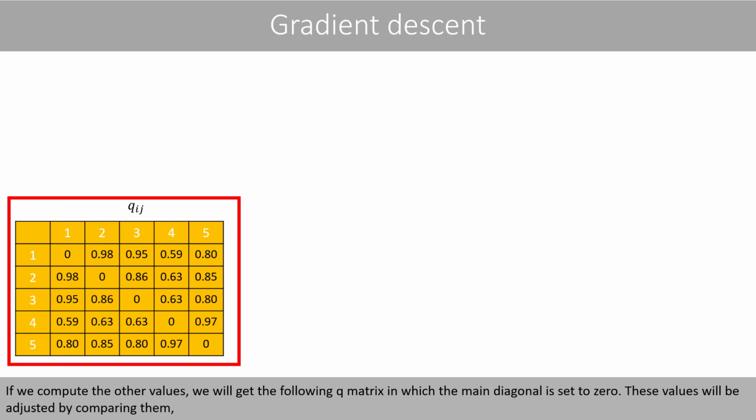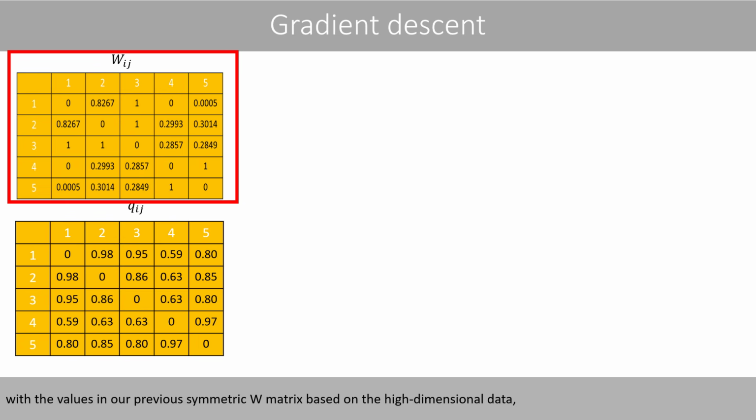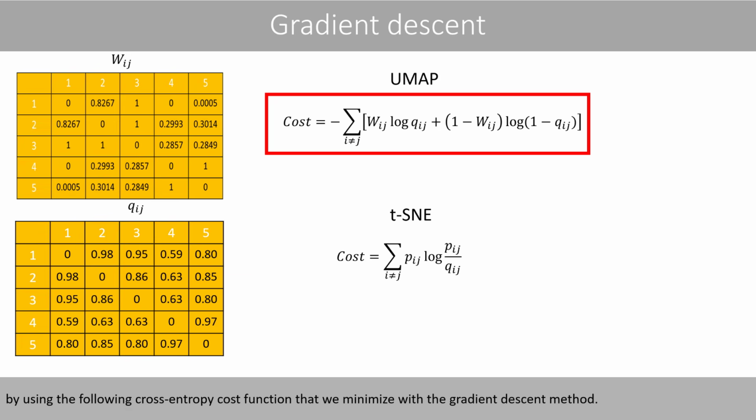If we compute the other values, we'll get the following Q matrix in which the main diagonal is set to 0. These values will be adjusted by comparing them with the values in our previous symmetric V matrix based on the high-dimensional data, by using the following cross-entropy cost function that we minimize with the gradient descent method.